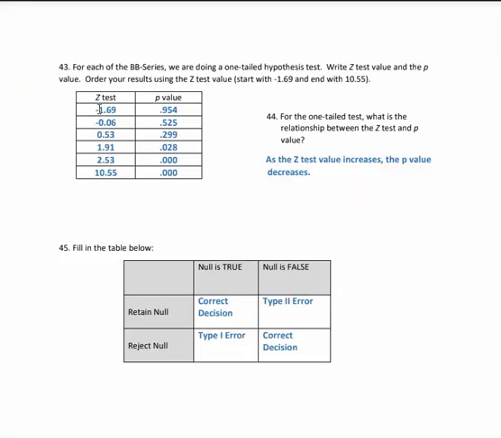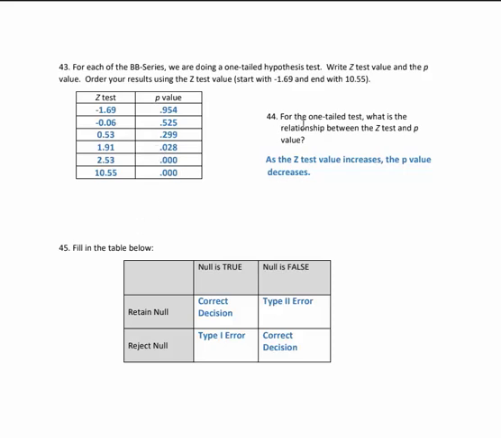And you can see that as the z-test value gets bigger, the p-value gets smaller. And in this case, since it was a one tail, the z-test had to be at least 1.645 or larger. And so that's the case for the z-test of 1.91. And our p-value, likewise, would have to be 0.05 or smaller. And so that would also be true. If either one of those is true, you're good to go.